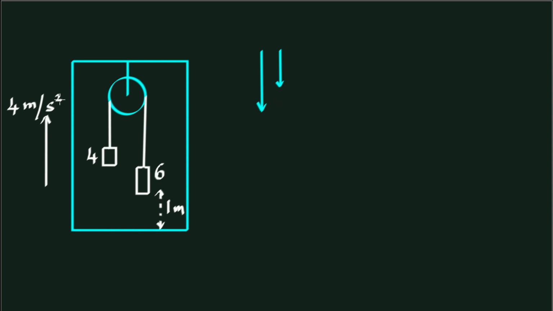That's because the accelerating frame has an upward acceleration of 4 meters per second squared. So in this frame, there is an extra gravitational field of 4 meters per second squared. So the acceleration due to gravity in this accelerating frame, which I will call g prime, is equal to 10 plus 4, that is equal to 14 meters per second squared downwards.